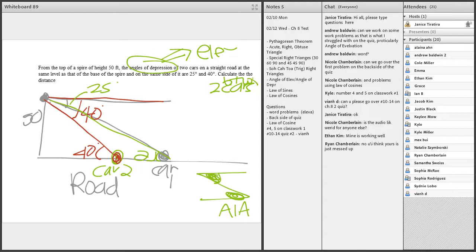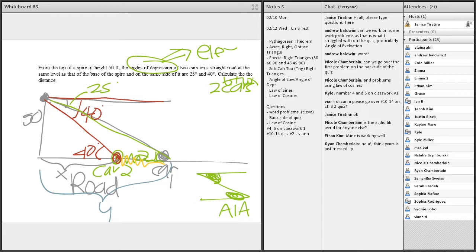From here, we're trying to calculate this distance right here, this yellow zigzag distance. That means we have to do trig twice. We calculate the distance from the bottom of the spire, the tower, to car 2, call it x, and then again from the bottom of the spire to car 1, call that y, and then subtract them to get the distance between the two cars.